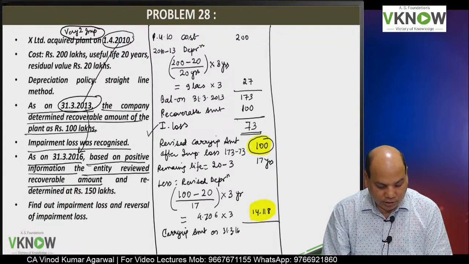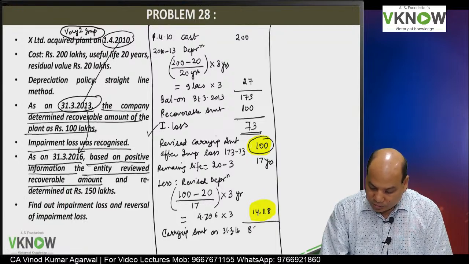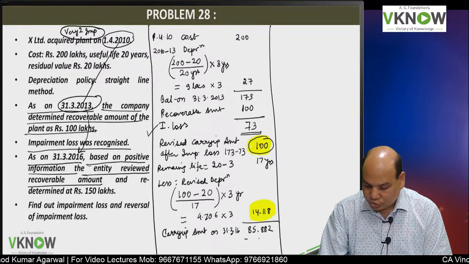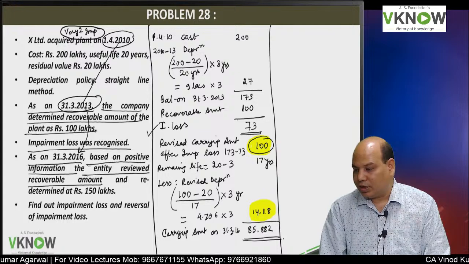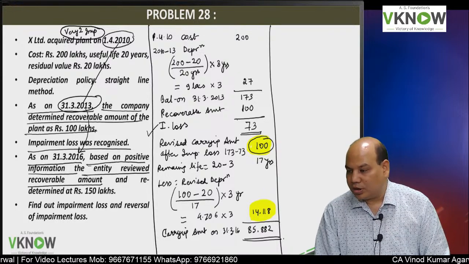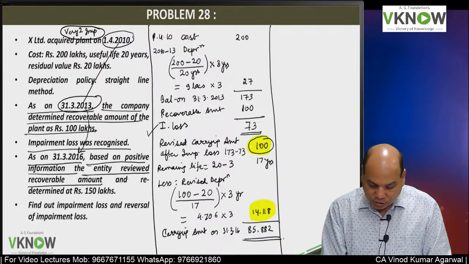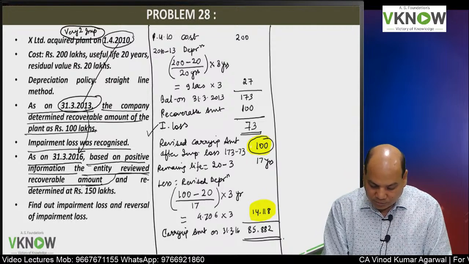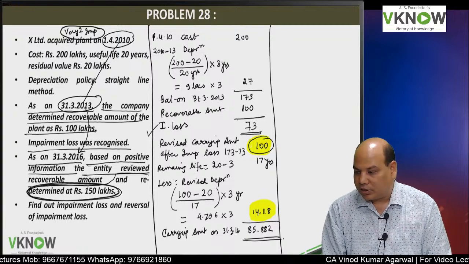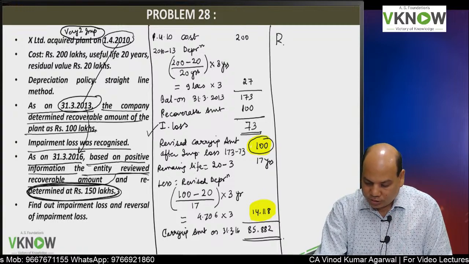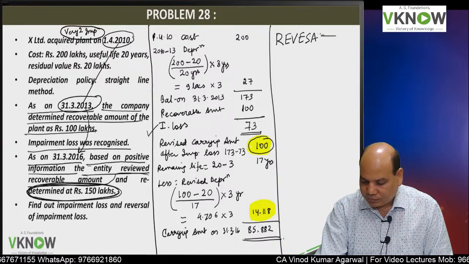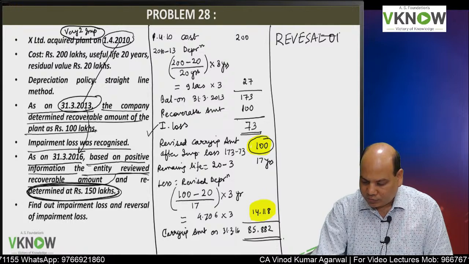Therefore, now the carrying amount is 85.882 lakhs. The carrying amount on 31st March 18 is 85.882 lakhs. Now they have got indication of impairment and they have found that recoverable amount is 150 lakh. So the question is reversal of impairment loss.